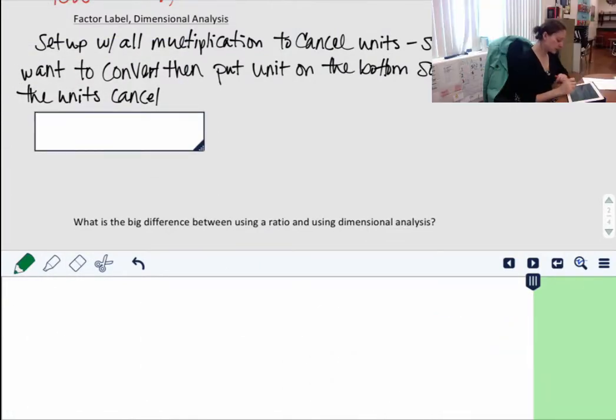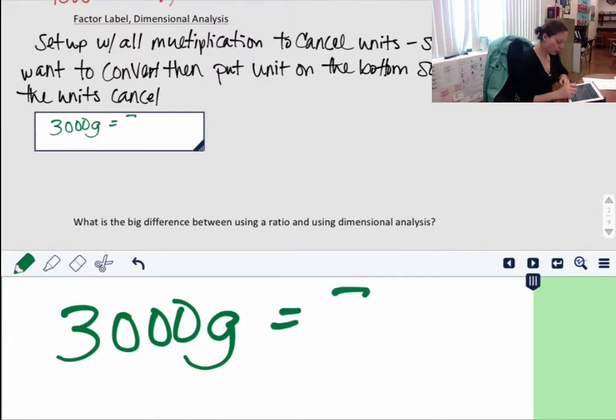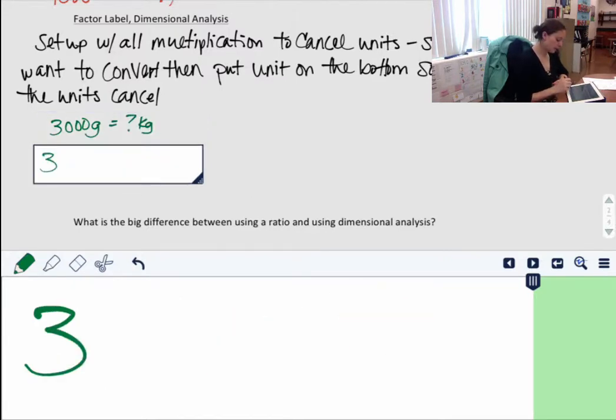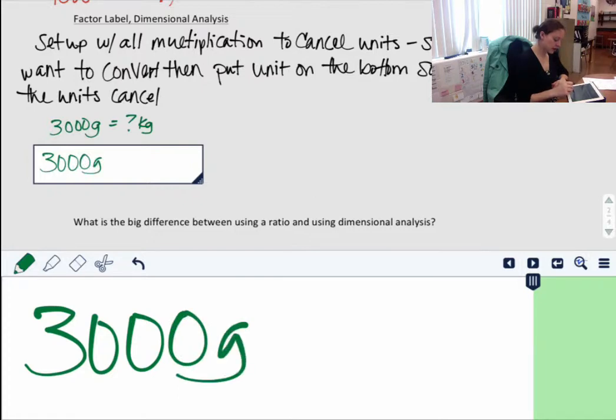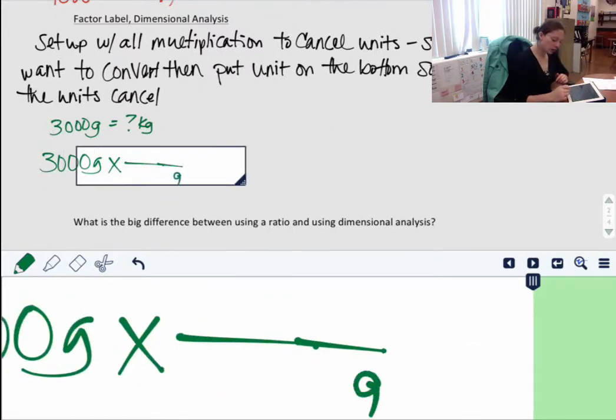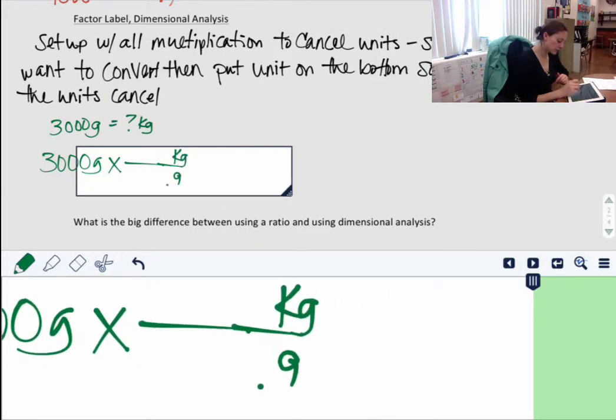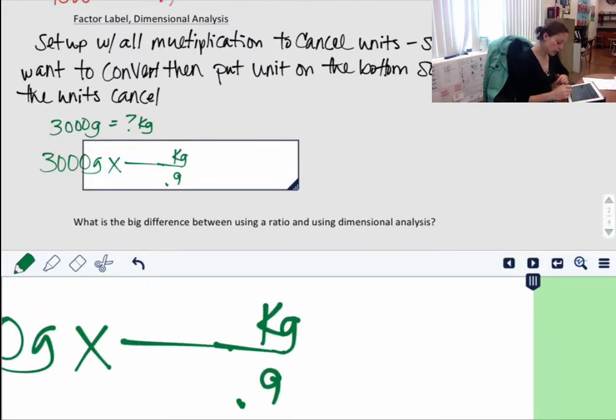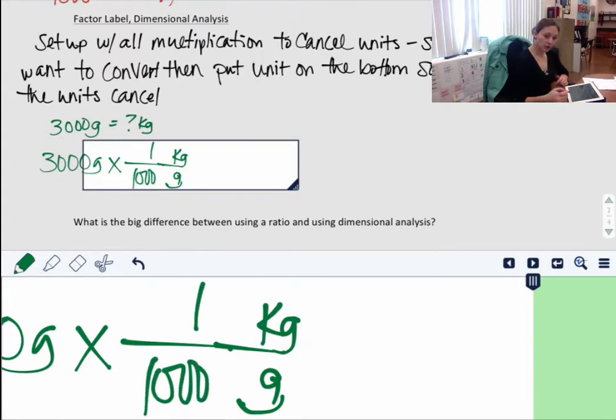So I want to convert 3,000 grams, and I want to know how many kilograms that is. I've got 3,000 grams. I'm going to multiply this time, not equal. I put my conversion factor, and I want my units to cancel. So if grams are on top, grams have got to be on the bottom, and I want to go to kilograms. I know that there are 1,000 grams in every 1 kilogram.